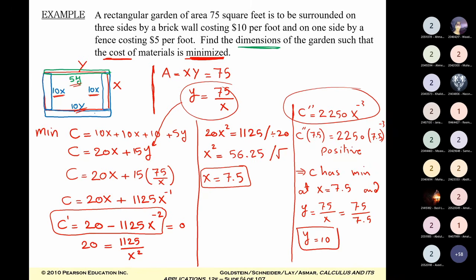Now the derivative of 20 is 0. The derivative of minus 1125 x to the power minus 2: multiplying negative 2 with negative 1125 is equal to positive 2250.